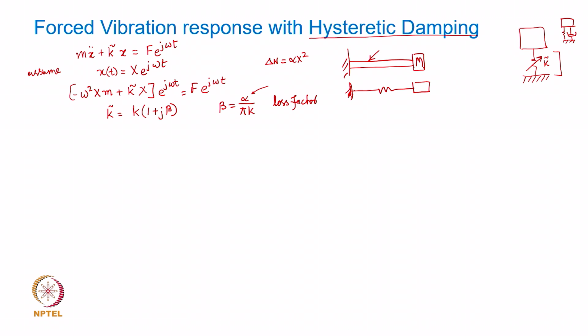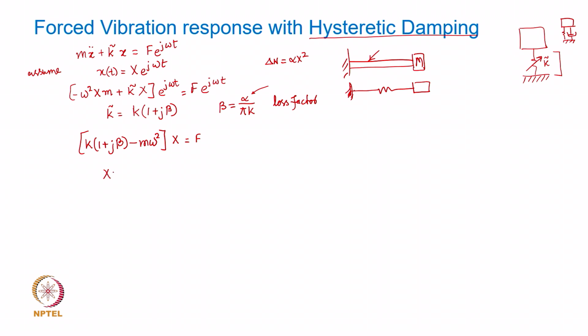Now, with this in place, obviously I can write this as k into 1 plus j beta minus m omega square, and capital X I am going to take out, and that is going to be equal to f.